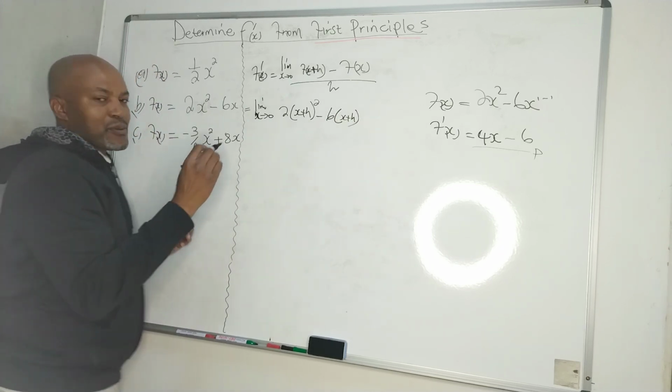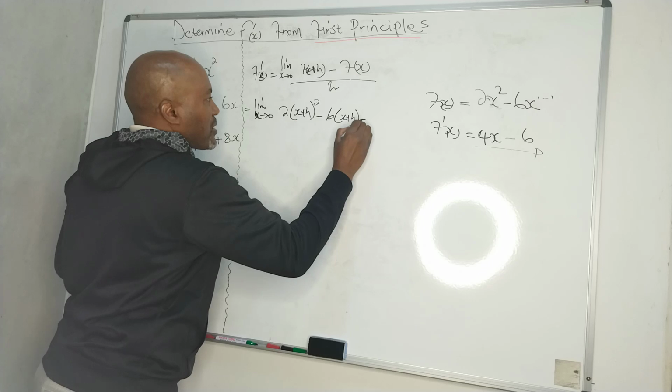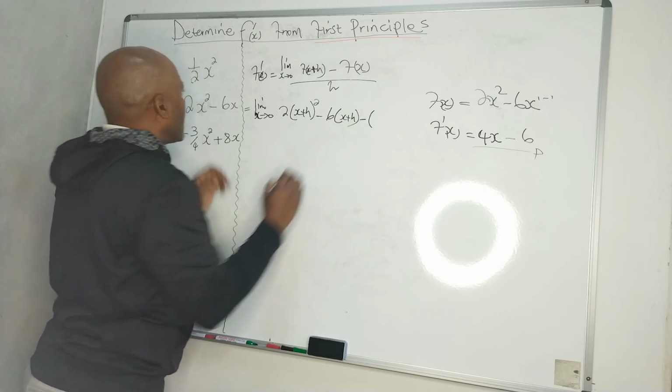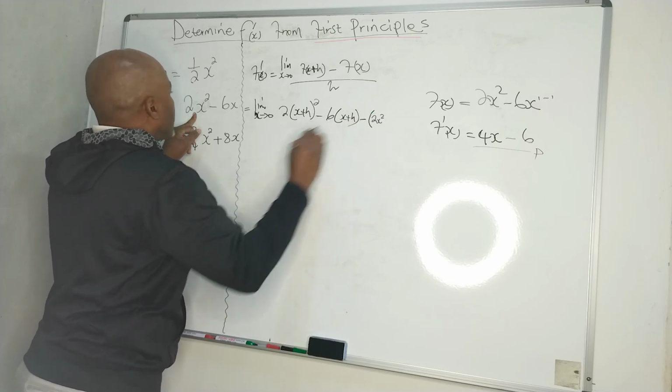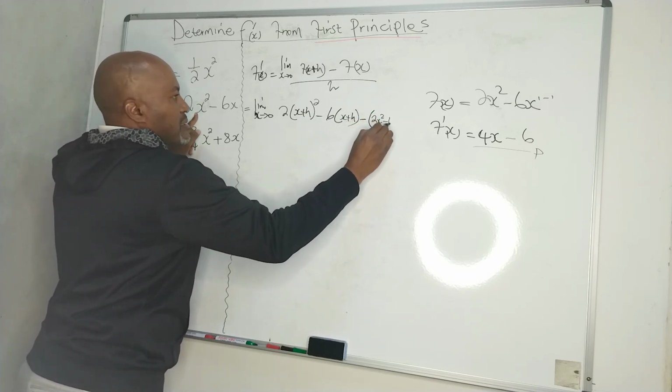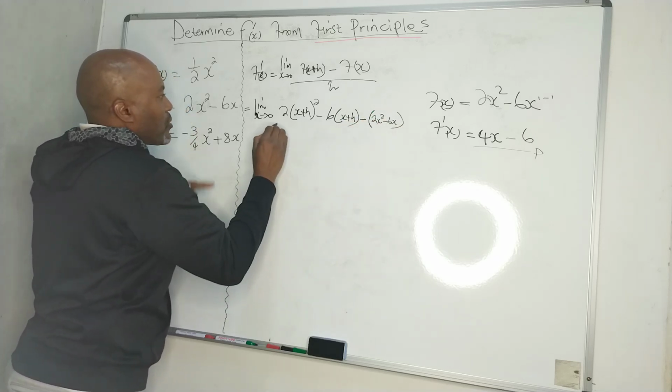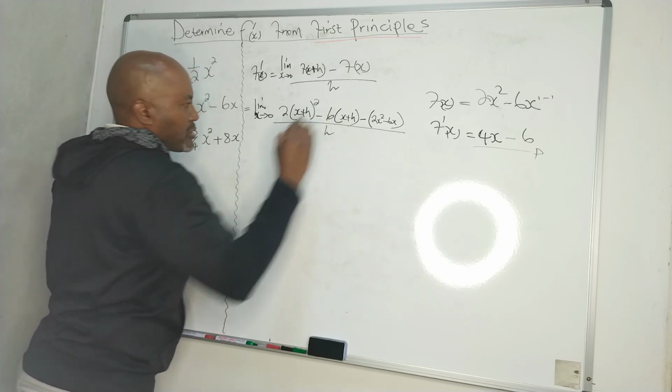Then now we're going to subtract the whole function, minus into. The whole function is 2x squared minus 6x all over h.